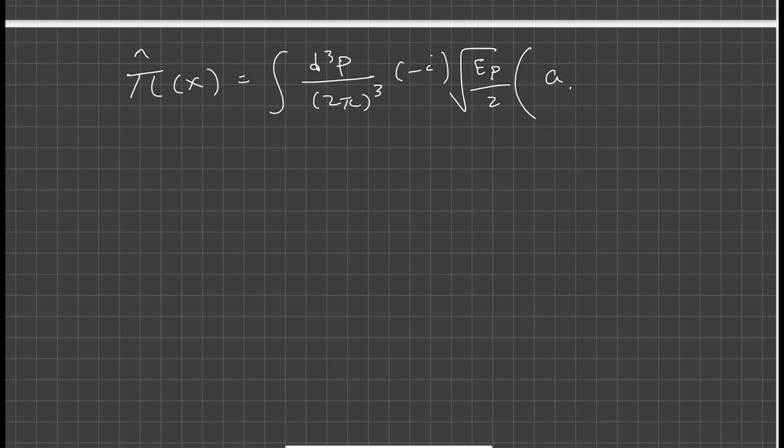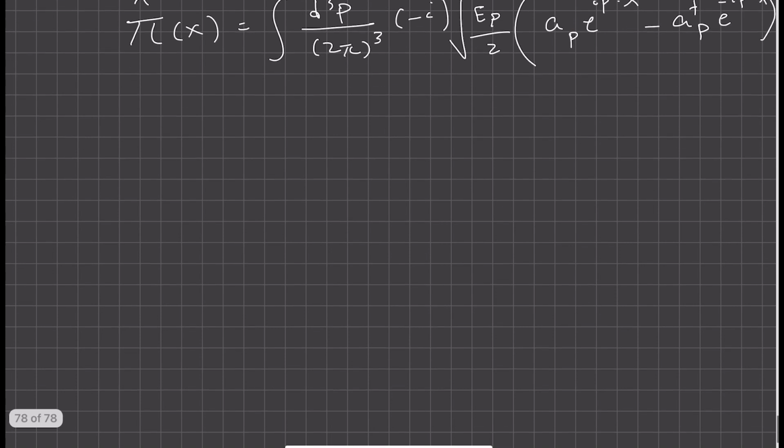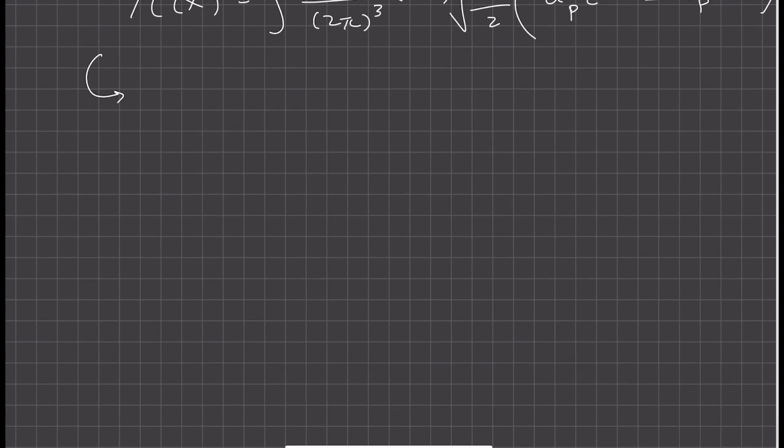And then you have a_p exponential of i p dot x minus a dagger_p exponential of minus i p dot x. And now again, the fundamental algebraic commutation relationship between a and a dagger with p prime.